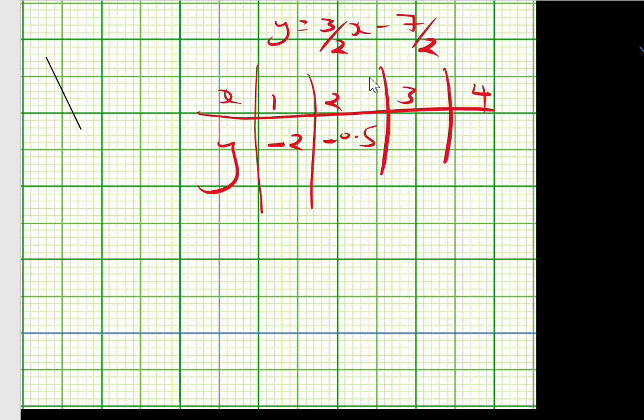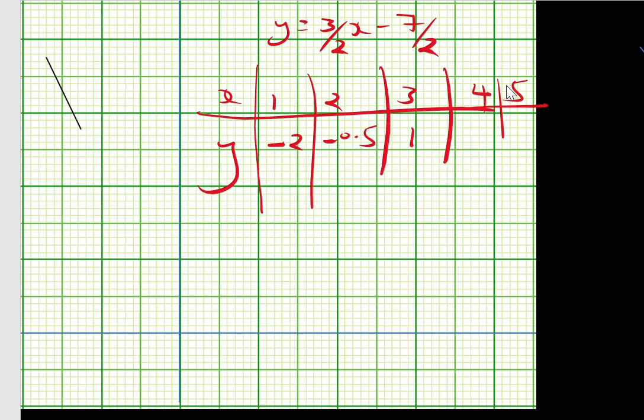When x is 3, it will be 3 over 2 times 3, which is 9 over 2 minus 7 over 2. You get 1. And then I can add another number, for example 5.